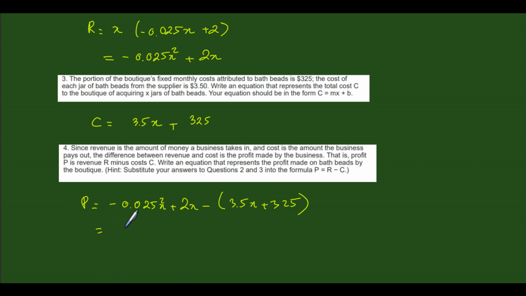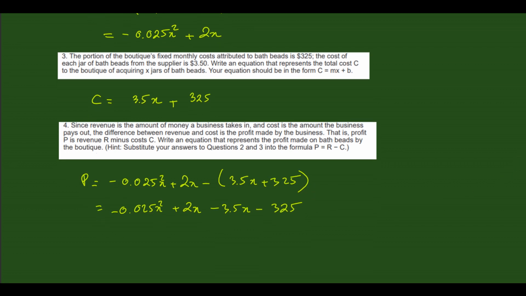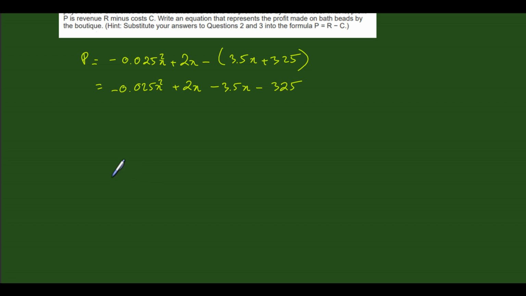Then in order to simplify, you change the sign inside the parentheses because of the minus in the front. You distribute the minus, so negative 3.5x minus 325. Then you combine like terms, negative 0.025x squared, 2x minus 3.5x.